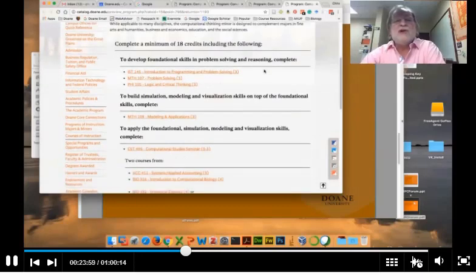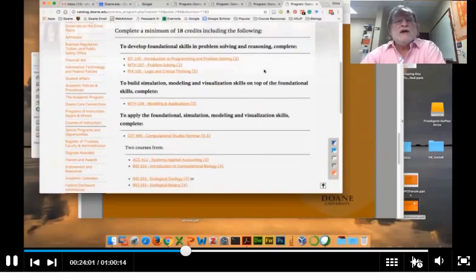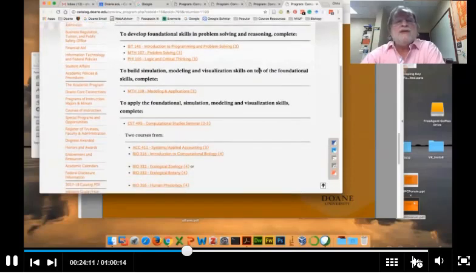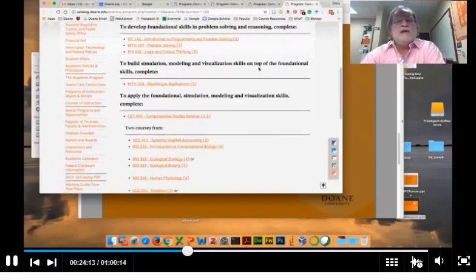And so this minor builds on first developing some basic problem solving skills, also some introductory programming skills, and then to develop some ability to do modeling, simulation, and visualization.